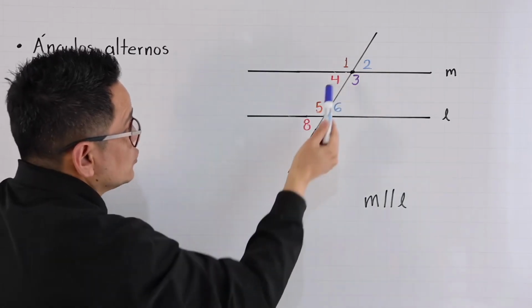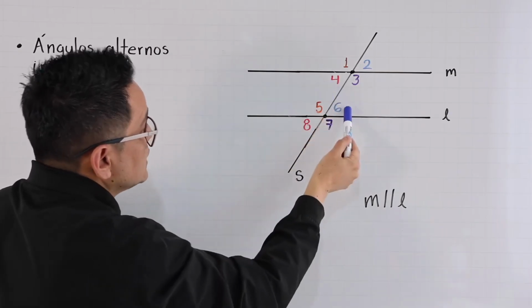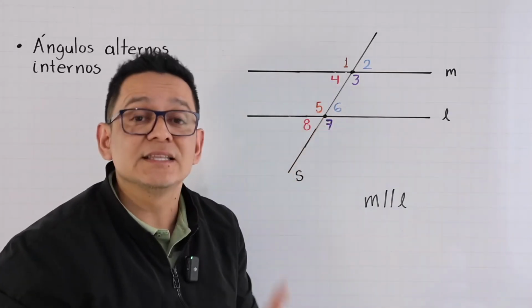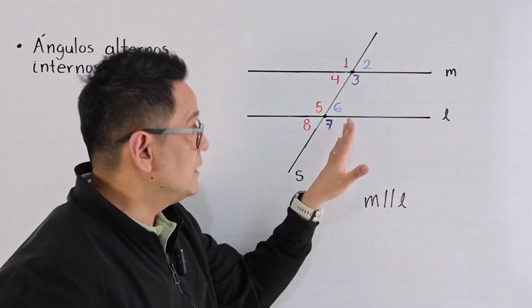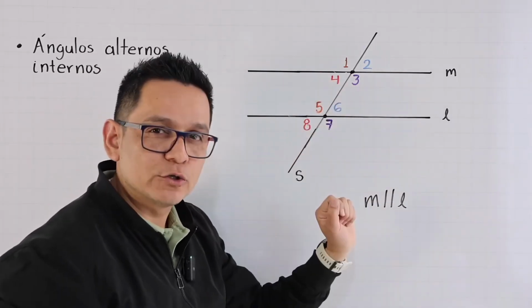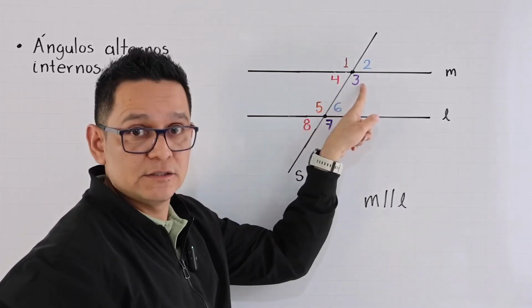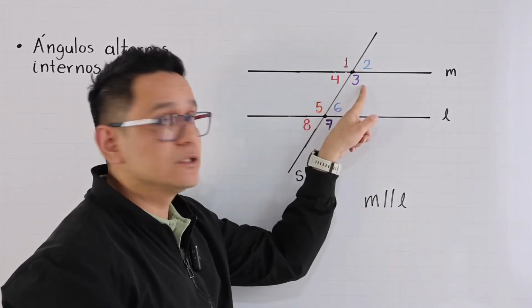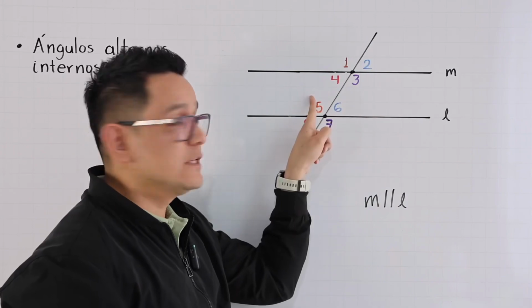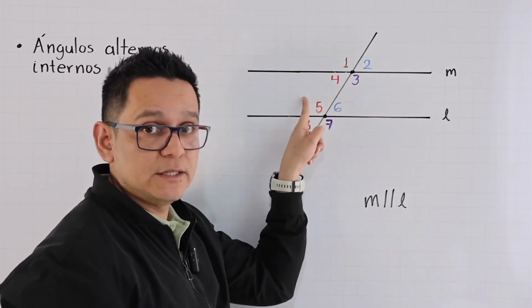So, angle 4 and angle 6 will be congruent. That is, they have the same measure, simply because they are alternate interior angles. And there's another pair, right? Which would be the other one? Well, it would be 5 and 3, right? This angle and this angle also have the same measure, for the same reason, because they are alternate interior angles.